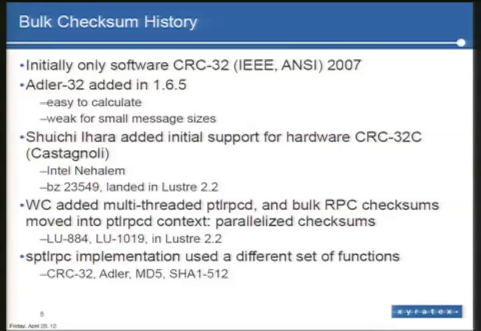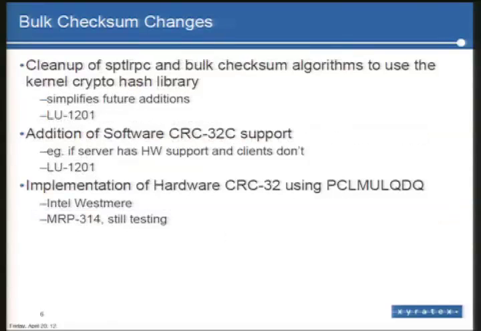And then also, part of the history here is the secure Portal RPC layer that Lustre has, with a completely different set of checksum functions. So part of our goal is to clean up those duplicate functions. This is in WhamCloud bug LU1201. We've moved both the Lustre checksums and the secure Portal RPC checksums to use the kernel crypto hash library, so that now it takes advantage of the entire kernel crypto library.